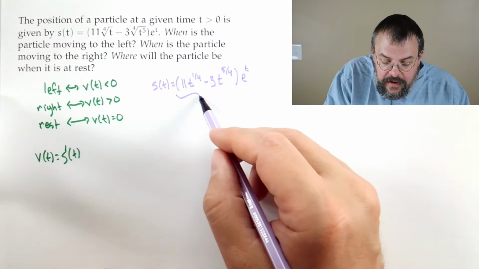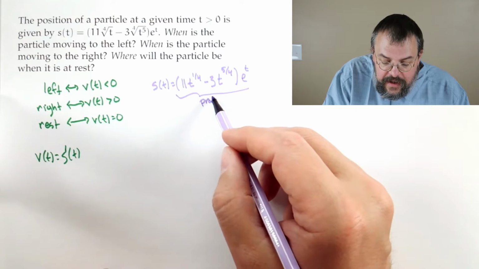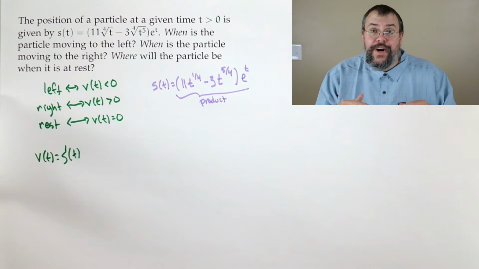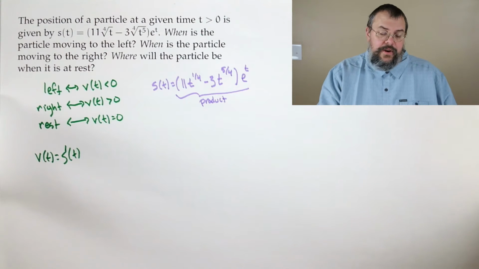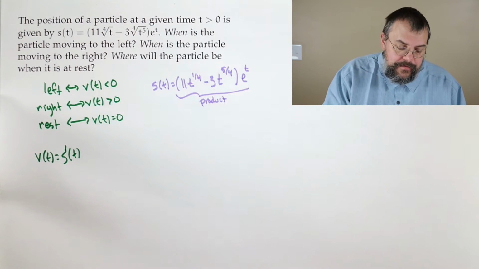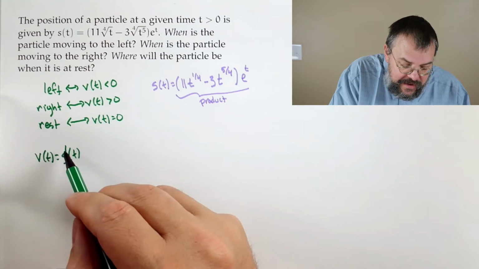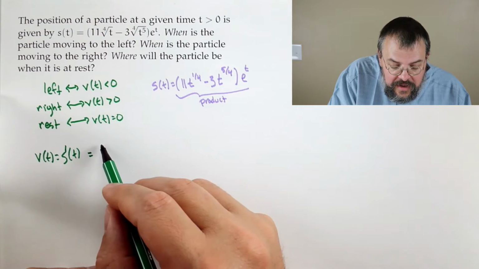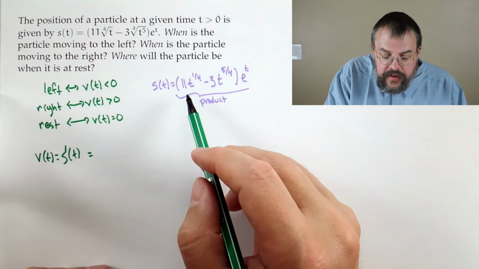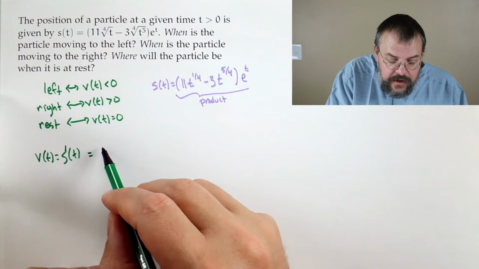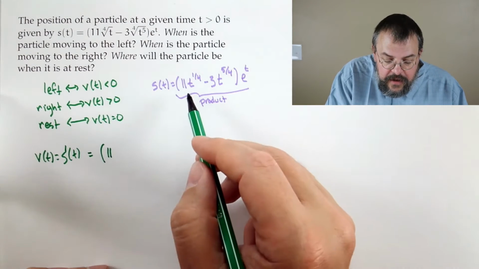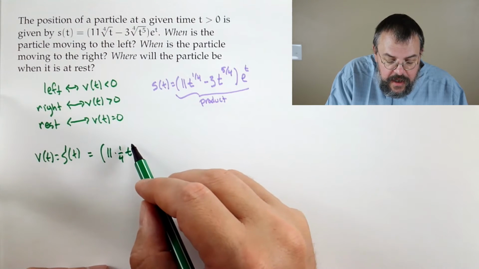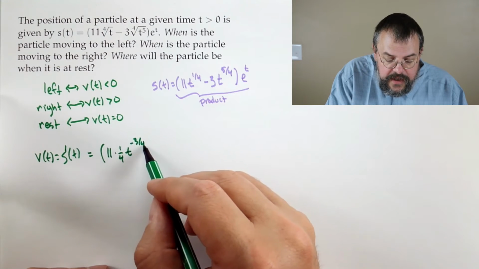Now notice this is going to be a product. And so when we start taking the derivative, we should use the product rule. So let's begin. That's a prime, by the way. It kind of looks like a very strange S. S prime equals, so the way I do the product rule, I take the derivative of the first. So 11, derivative of t to the 1/4. The 1/4 comes down. Then it'll be t to the minus 3/4.